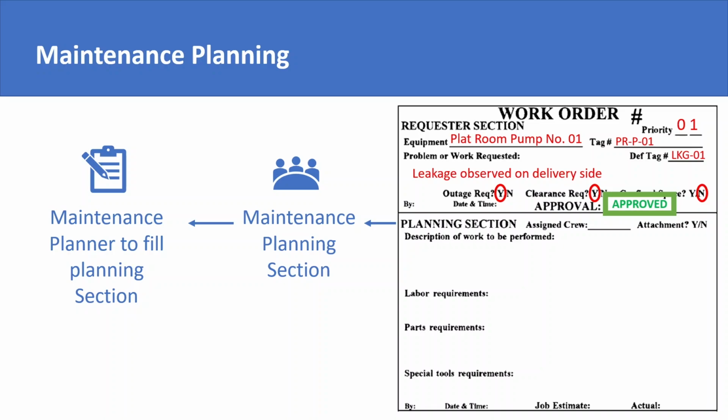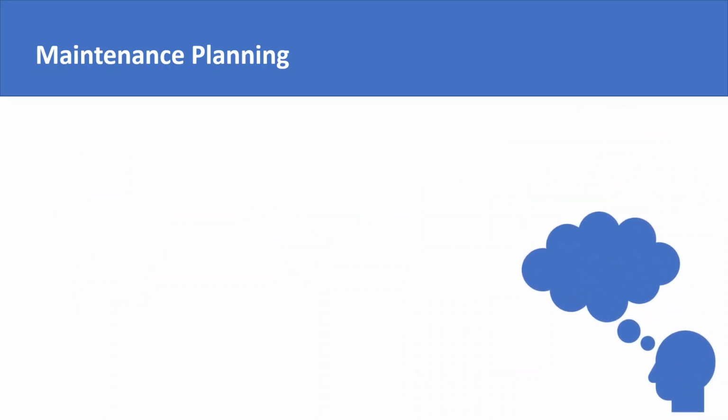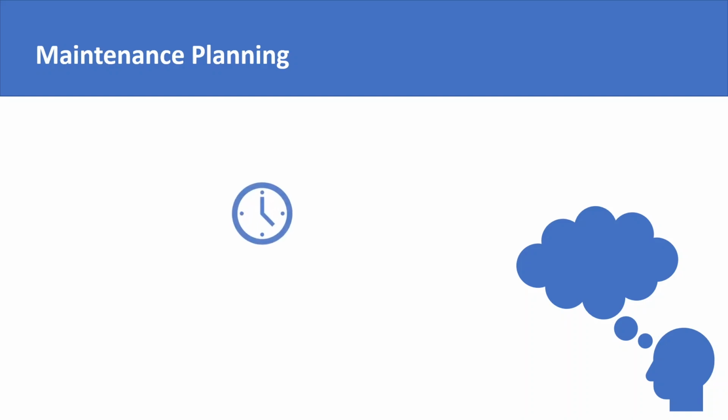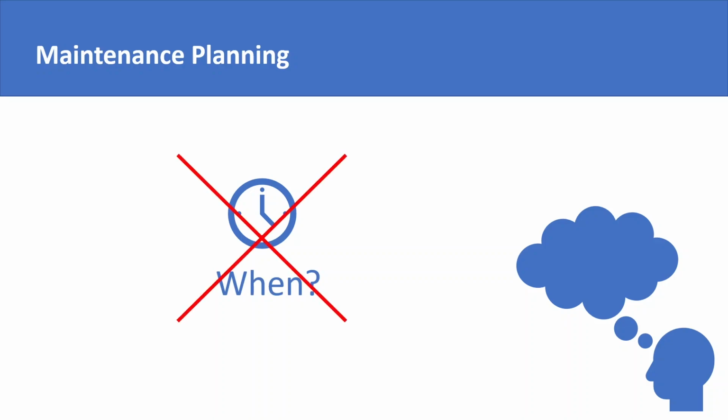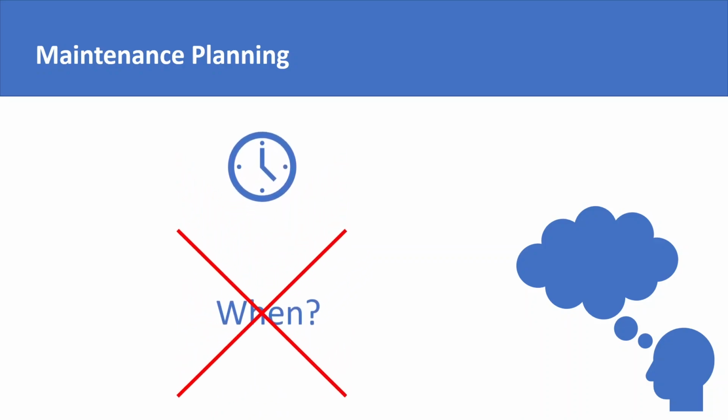Before moving further, let's get the very first misconception regarding maintenance planning out of the way. What is that? It is that maintenance planning is not about when to do work. The when is dealt with in the next stage, that is maintenance scheduling.